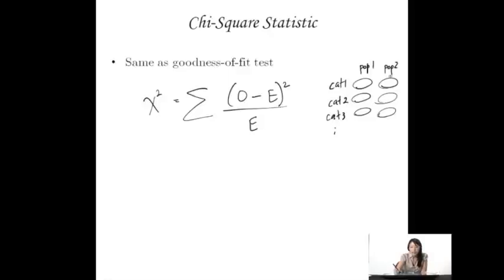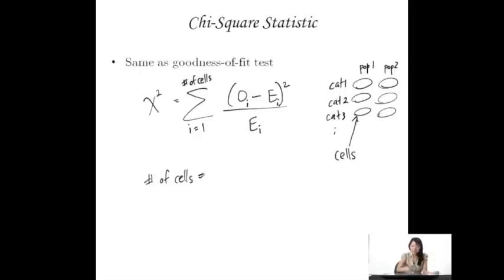Well, what we do here is that we consider each of these combinations of which population you're in and which category you're talking about. Each of these is going to be called a cell, right? And so we do this for each cell. So i goes from 1 up to the number of cells. And how do we get the number of cells?